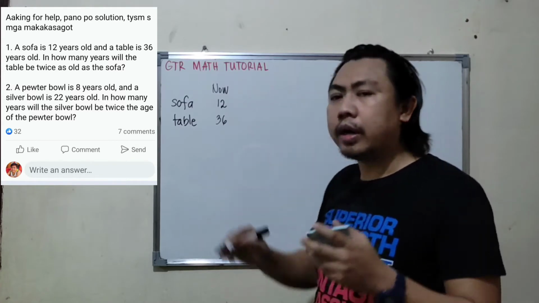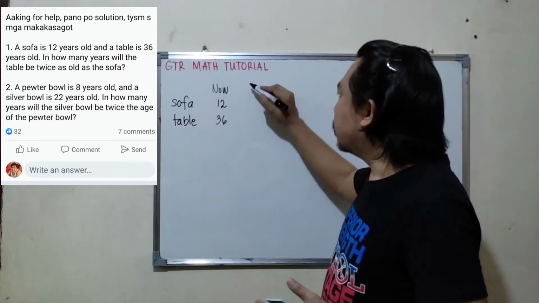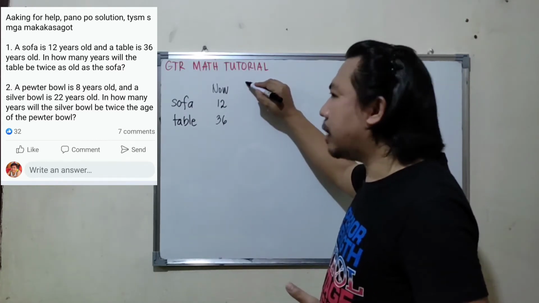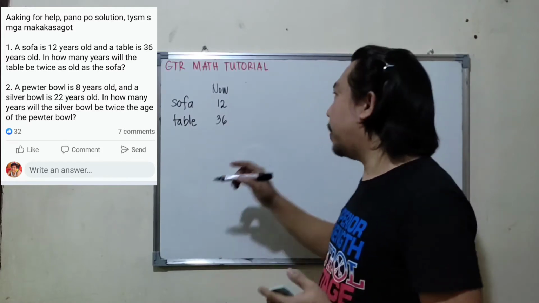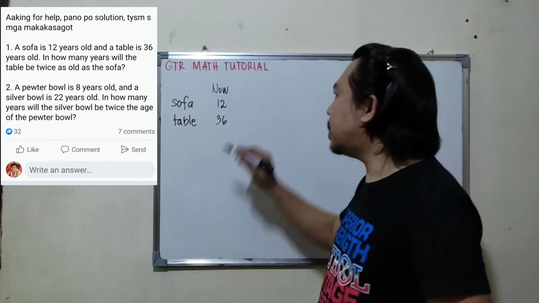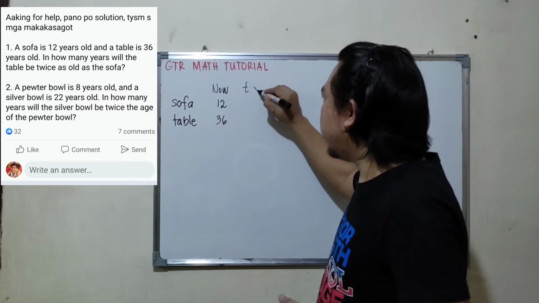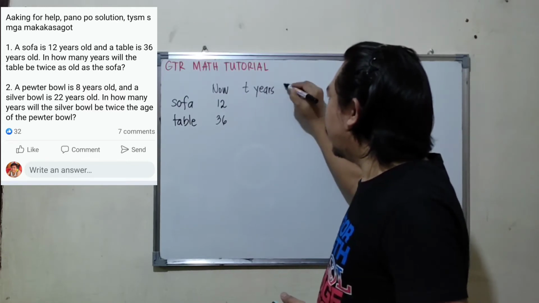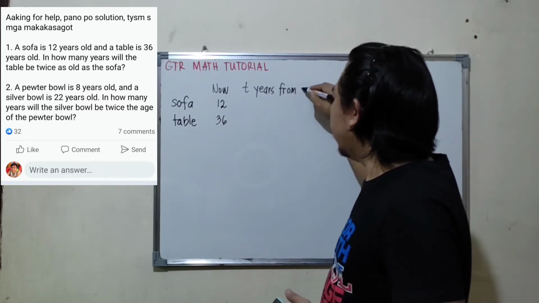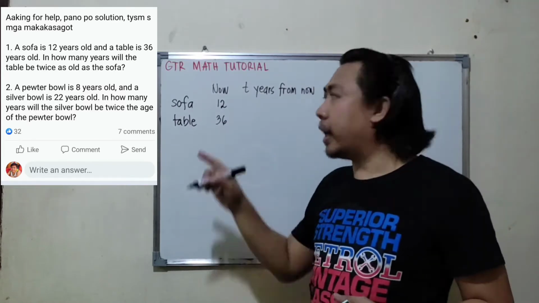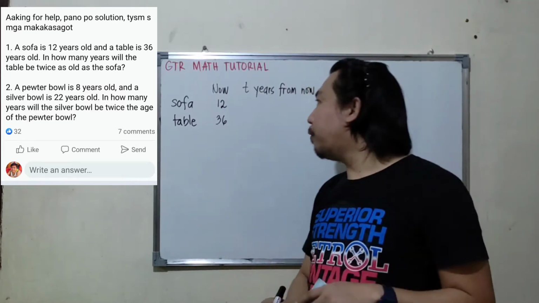So hindi natin alam kung ilang taon daw. So pwedeng kahit anong variable, so pwedeng x, t, a, b, c, or lagay natin t years from now. So t ang ginamit ko for time.